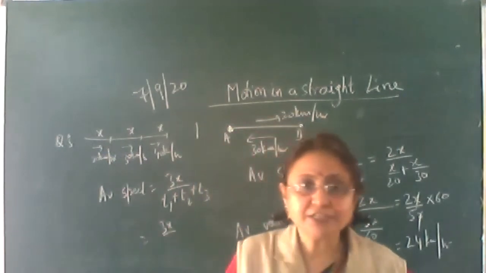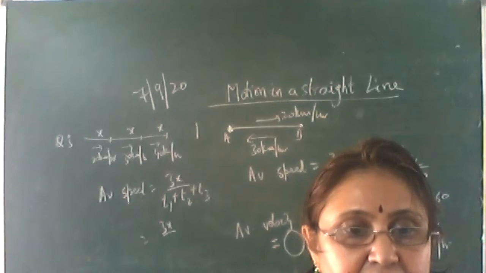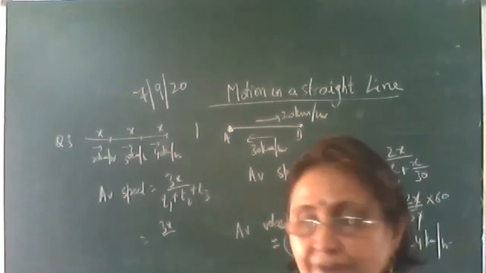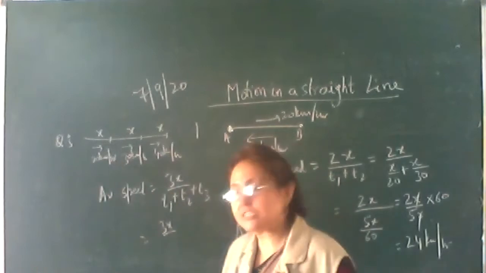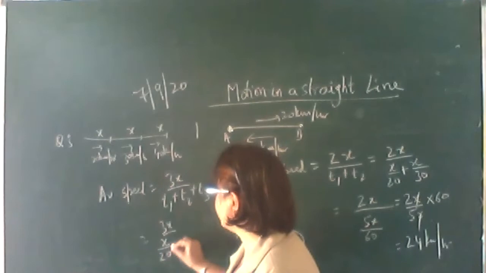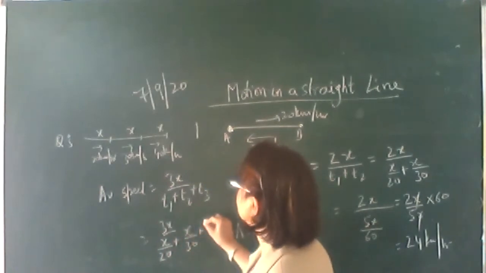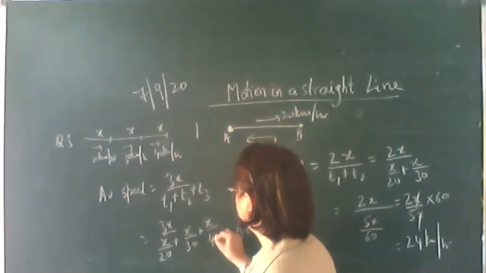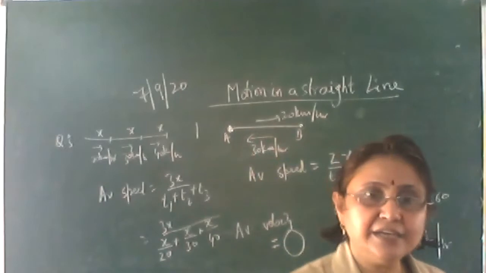Time taken for covering the first third of the distance is t1. Time is equal to distance upon speed. The distance is x with a speed of 20, so t1 is x by 20, t2 is x by 30 and t3 is x by 40. You can simplify and get the average speed.